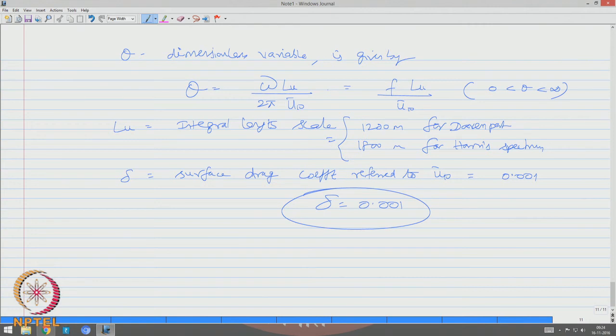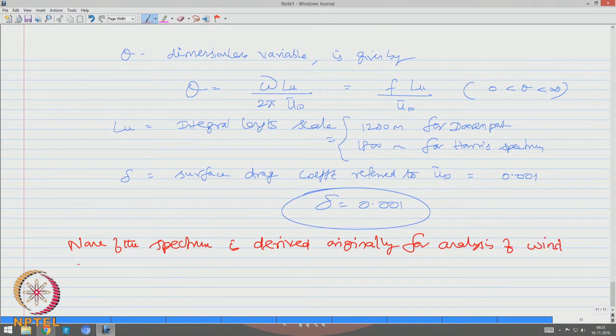One fundamental complexity that we have in all these spectra designed and recommended for offshore structures is that none of the above spectra is derived originally for analysis of wind speed on offshore structures.